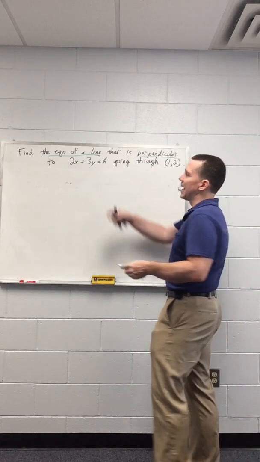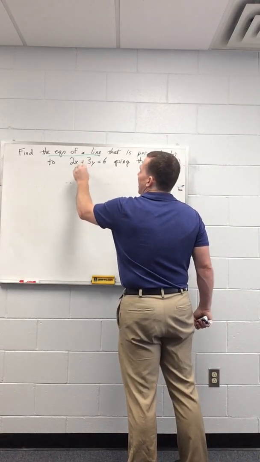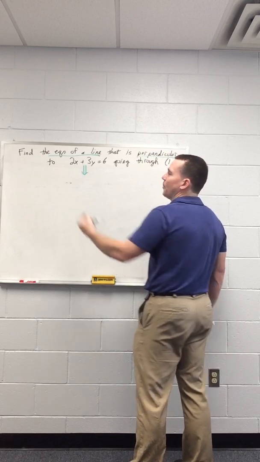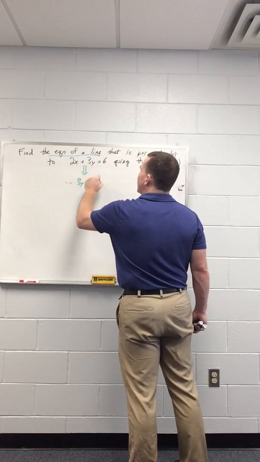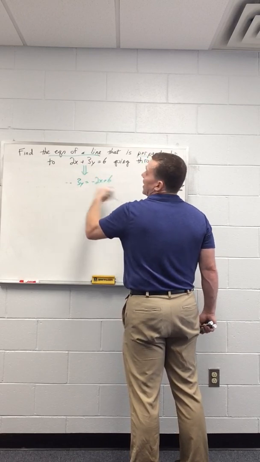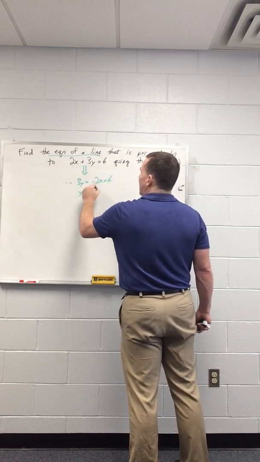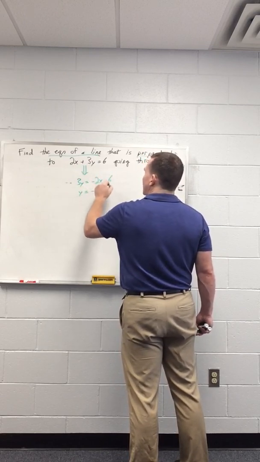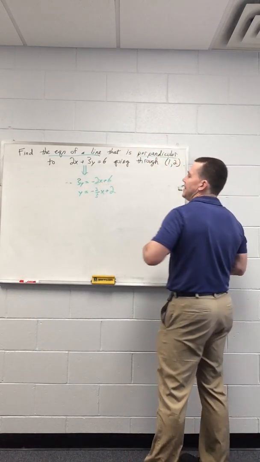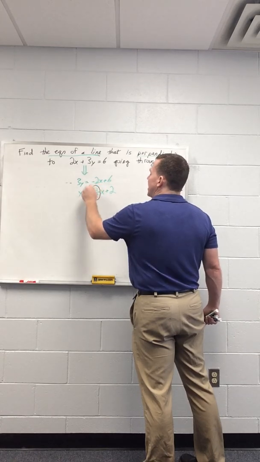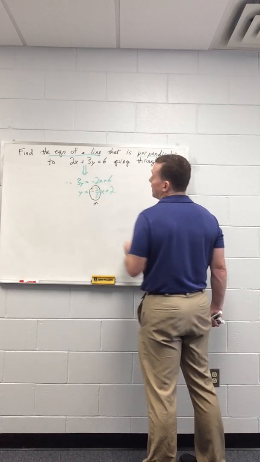So find the slope of this line, just like we did last time. How do we find the slope? Put it in slope-intercept. Solve for y. So I get 3y equals -2x plus 6. Divide by 3. Y equals -2/3 x plus 6/3 is 2. Now that this is in slope-intercept, that's the slope right there.